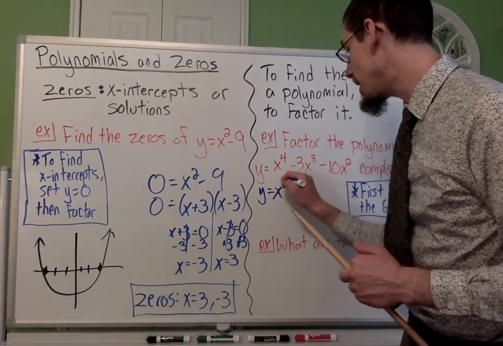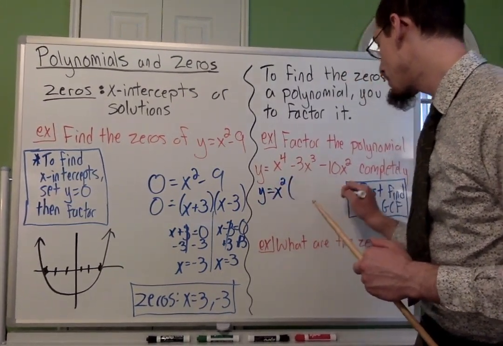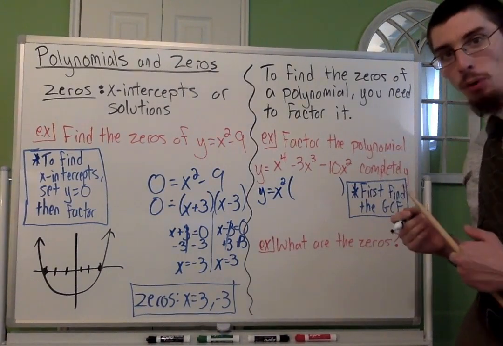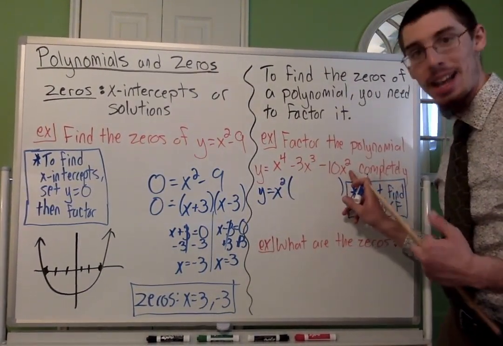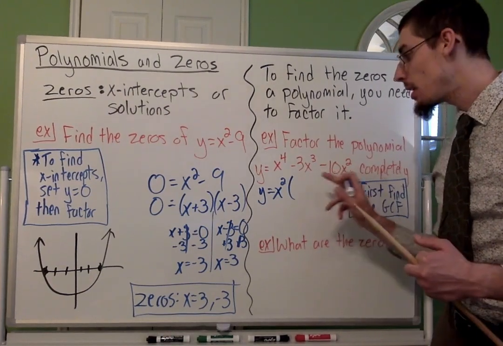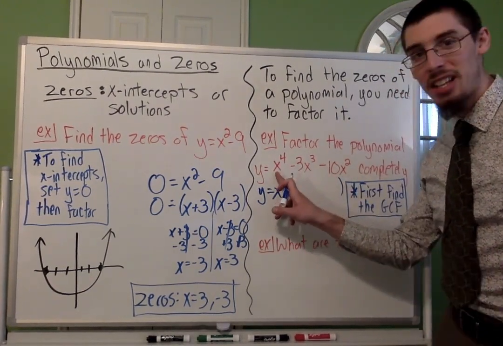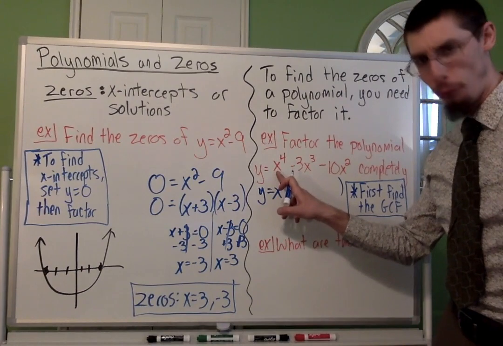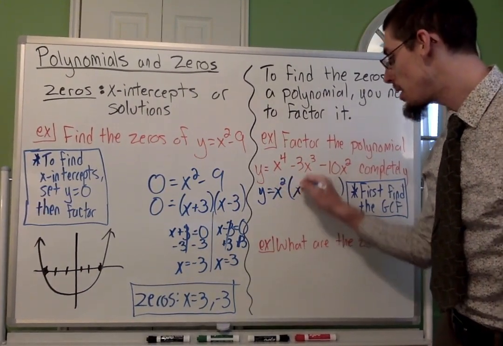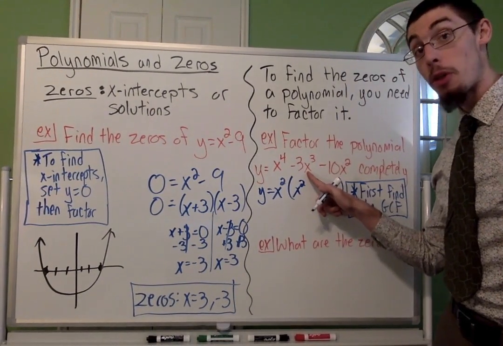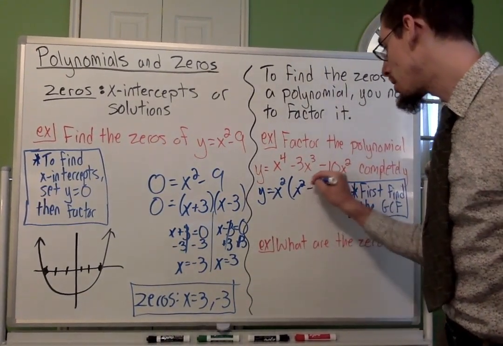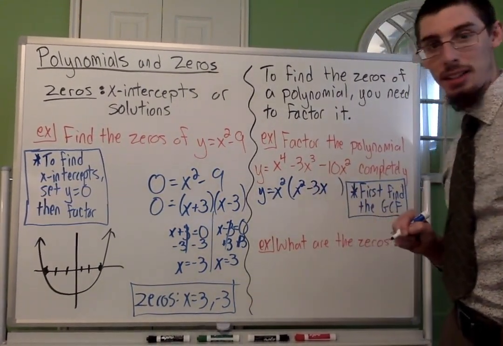If my GCF is x squared, I will take that out by dividing each term by x squared. And if I do that, I'm basically getting rid of 2 x's, right? So there were 4 here. Now it's x squared, right? There were 3 x's here. Now there's just 1 x left.